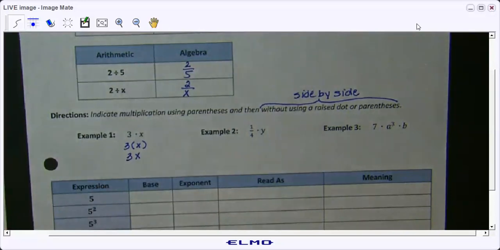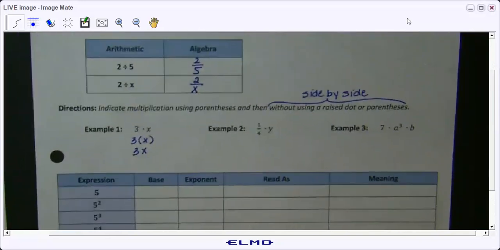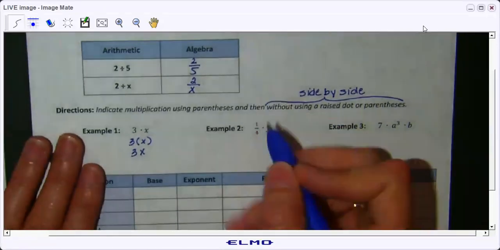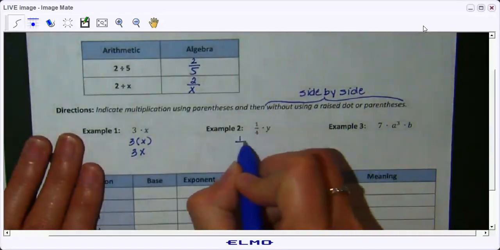So on your homework, it's going to be just like this as well. Right? So I want you to do example 2 and 3 on your own or with your partner. Okay? And don't be afraid to talk. All right, I'm going to write them up here so you can check.